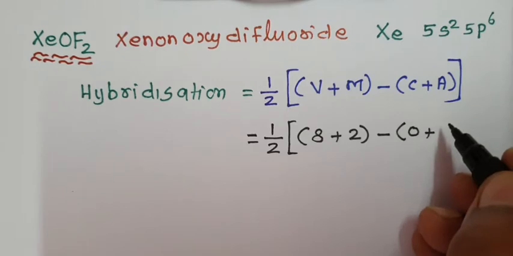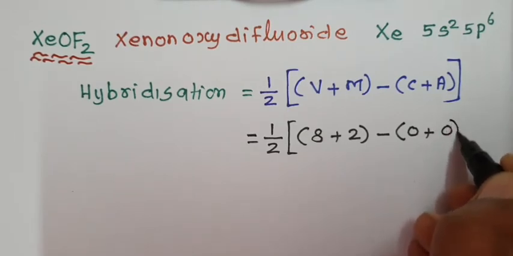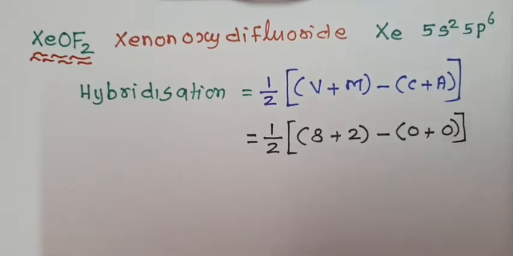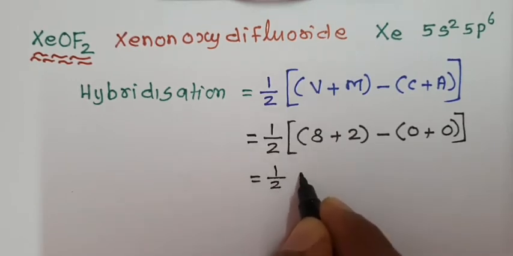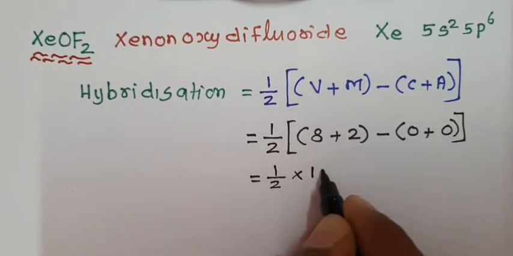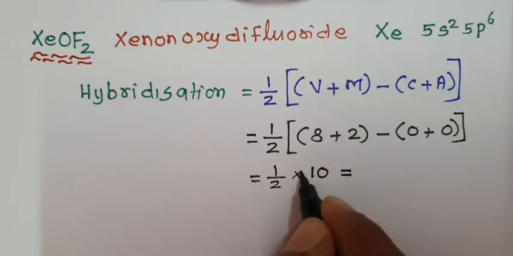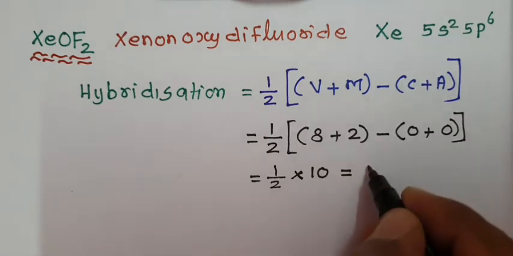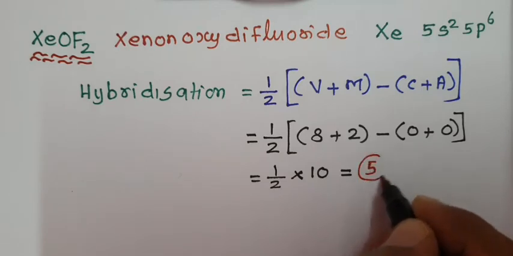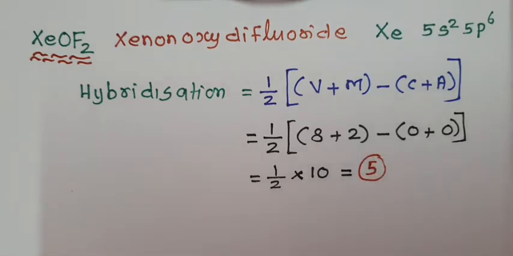There is no positive charge and no negative charge. So 1 by 2 into 8 plus 2 equals 10. So the answer is 5.